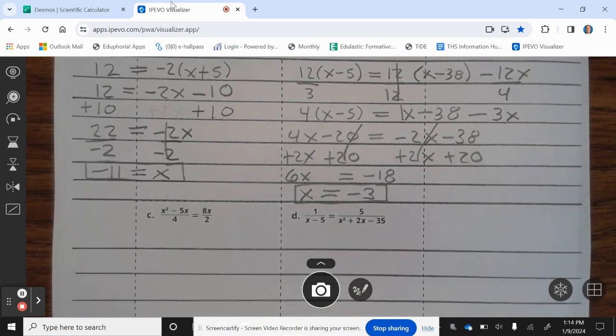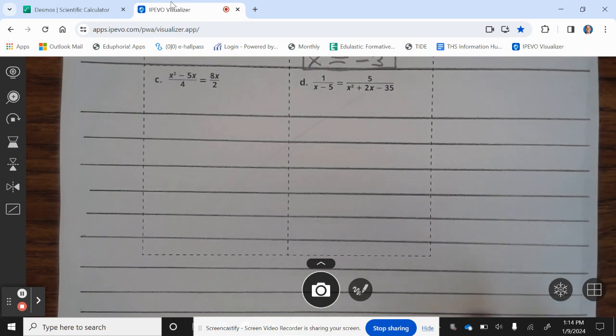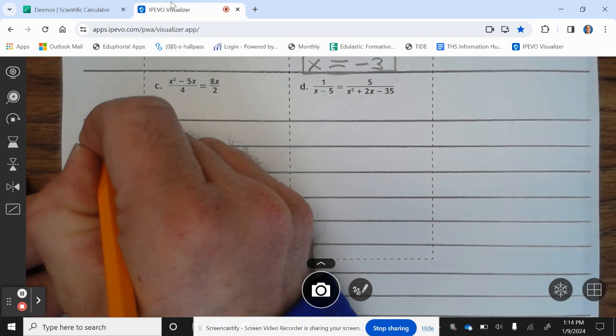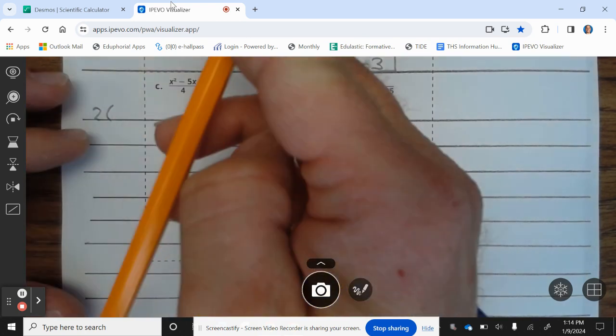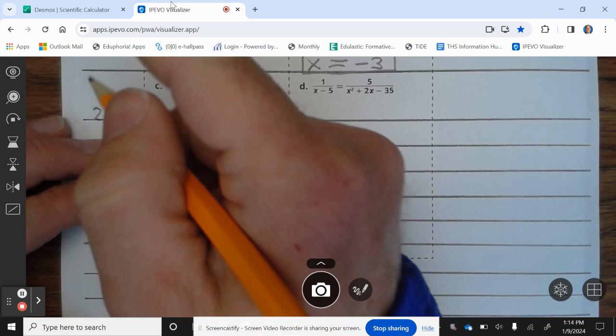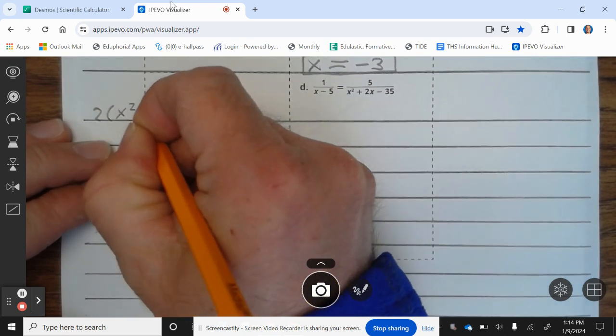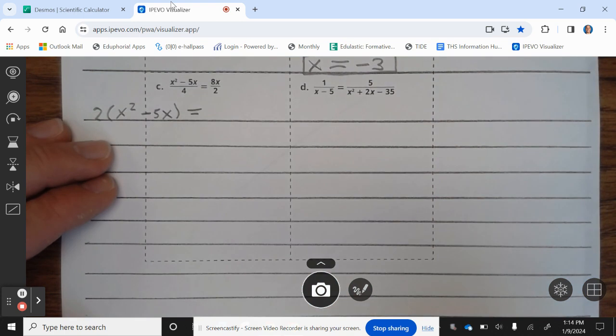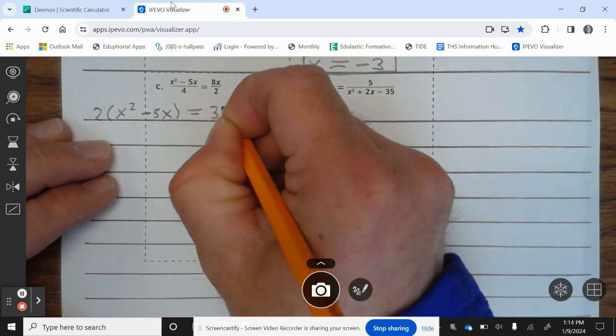All right, let's take a look at C. Okay, we're going to cross multiply, so that becomes 2 times x squared minus 5x equals 8x times 4 is 32x.